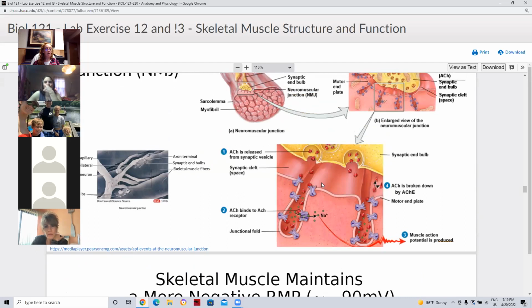So just like we saw action potentials in neurons, we see them in muscle too. They're probably not as complicated because they follow the same pattern. You have depolarization followed by repolarization.